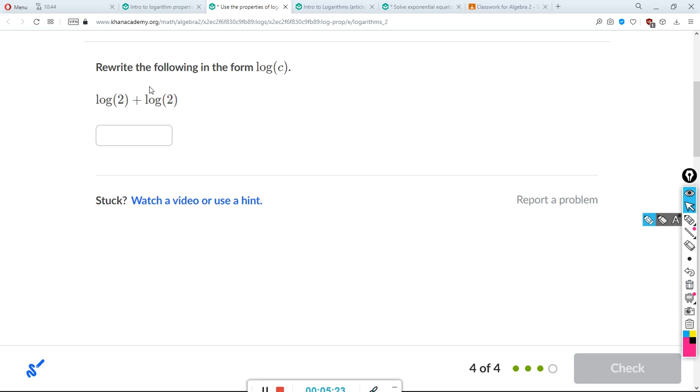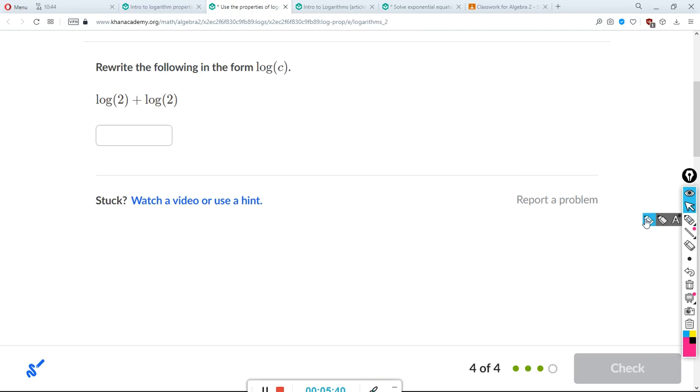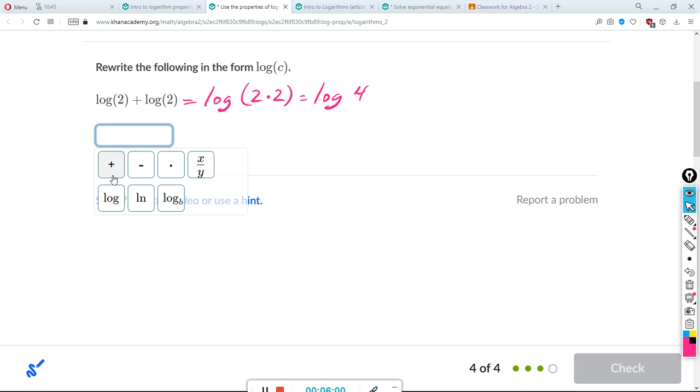Alright, log of 2 plus log of 2. Remember, when you're adding two separate logs, you take one and multiply it by the other one, and you just take the log of the product. So this is the same as log of 2 times 2, which is just a log of 4. So click on log and type 4.